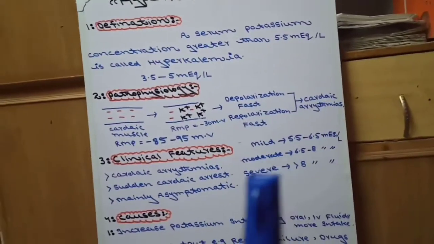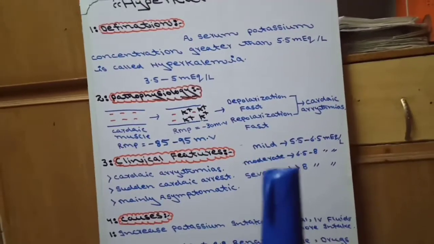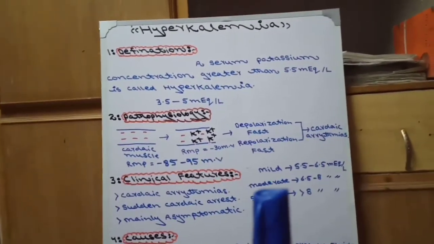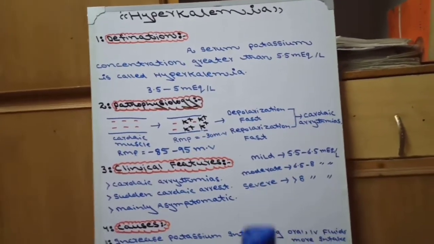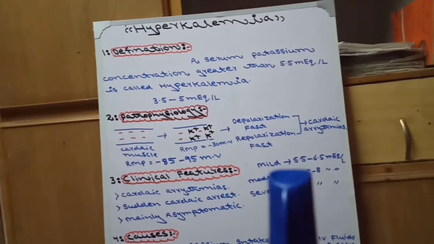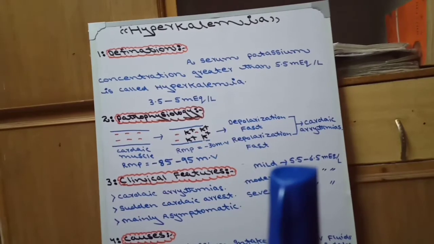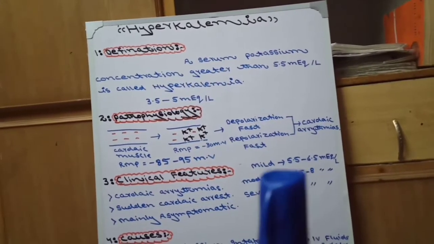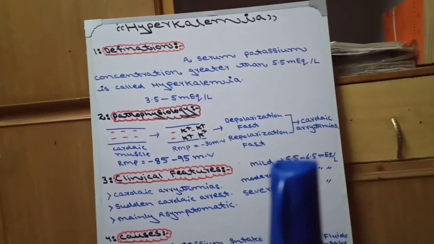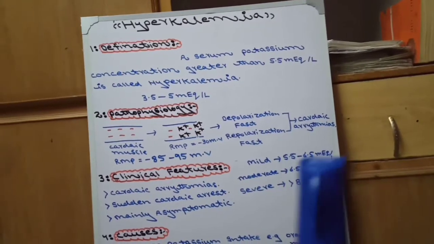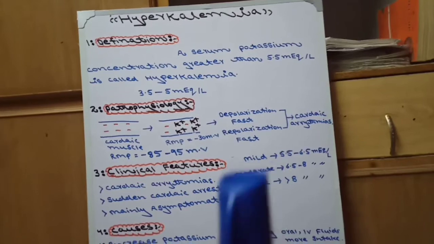Now come to the grades of hyperkalemia. There are three grades of hyperkalemia: number one, mild; number two, moderate; number three, severe. First, mild: if the potassium concentration in serum is from 5.5 to 6.5 milliequivalent per liter, it will be called mild hyperkalemia.